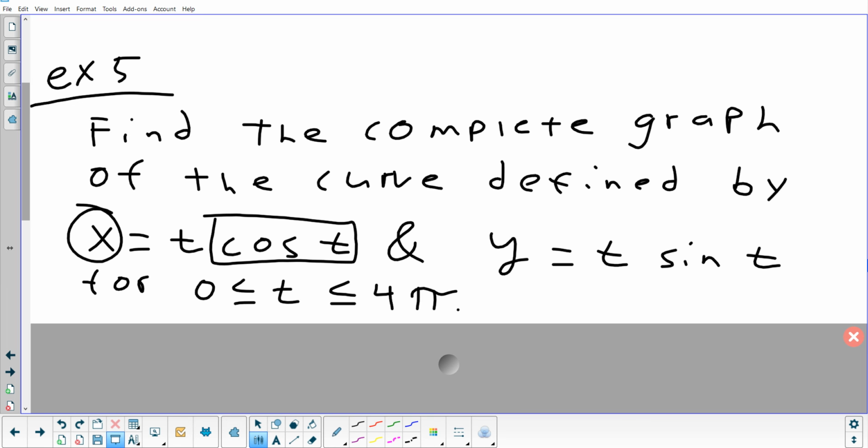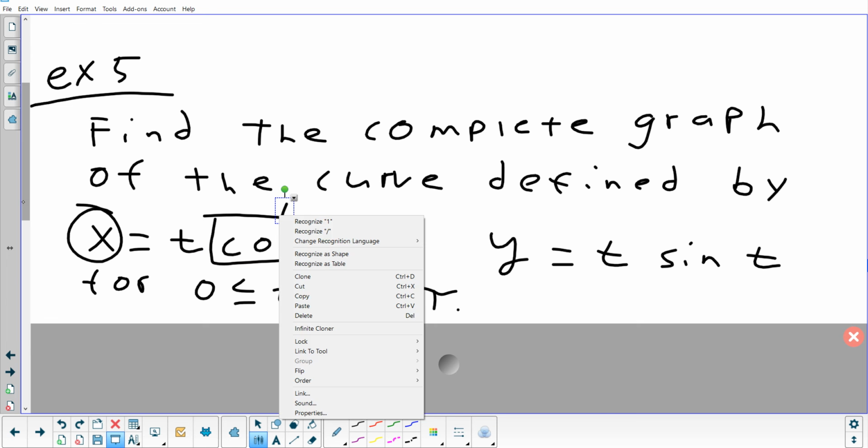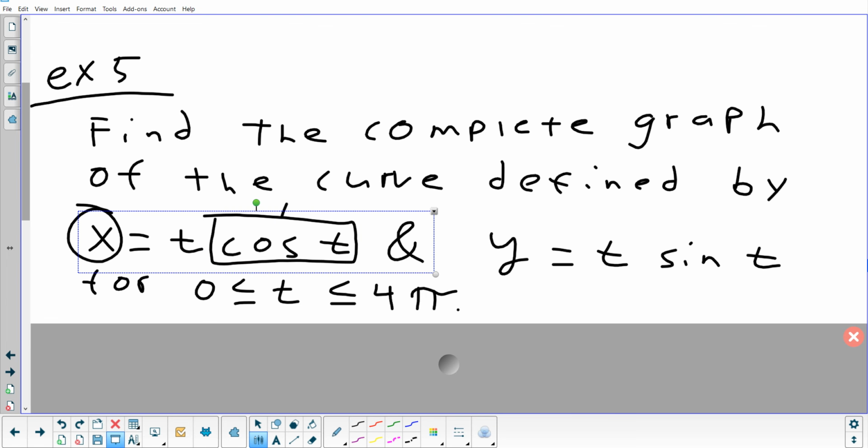So imagine the biggest possible value you could have out of this box. It would be a 1. 1 times 4 pi would give me the biggest possible value that x could ever be. x can't be bigger than 4 pi, because this can't get bigger than 1.